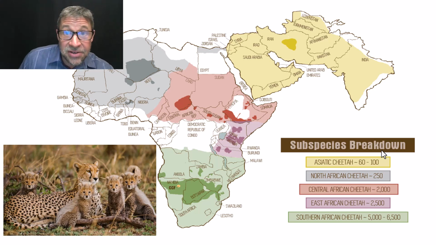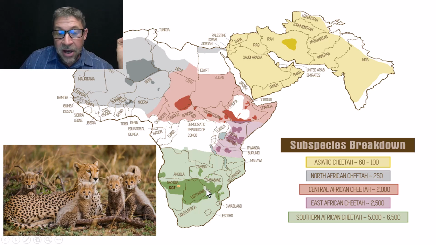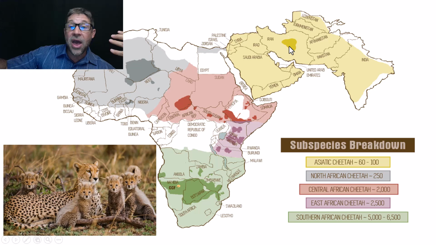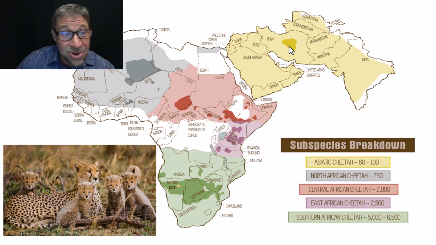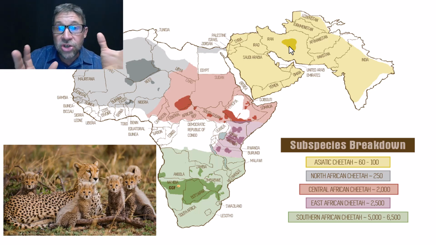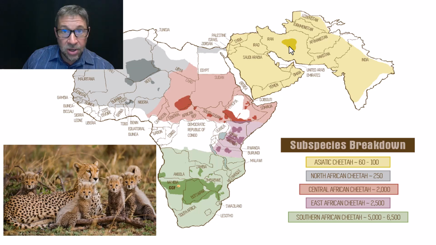But cheetahs are so genetically homogeneous, so genetically similar because of this bottleneck effect, that you can take a skin graft from a cheetah here in southern Africa and graft it to another cheetah as far away as the Middle East in Iran, and you won't see an immune response. Why? Because cheetahs are so genetically similar to one another.